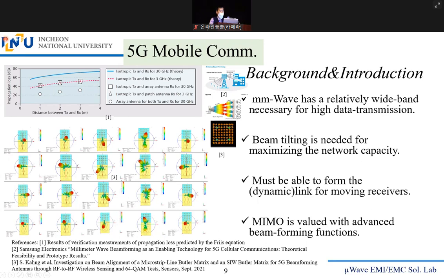My antenna can track the beams from the source. Then my antenna in the receiver can recognize the direction, or the angle of arrival. And you can see the 64 QAM test result, very clear, very clear. So I tested my antenna systems from the standpoint of RF and communication.